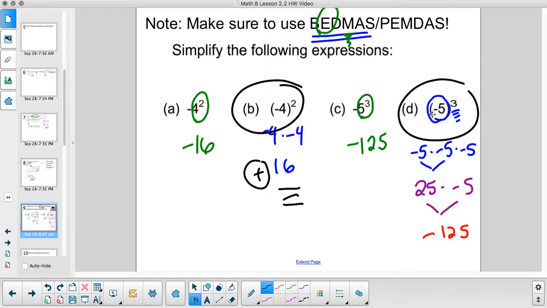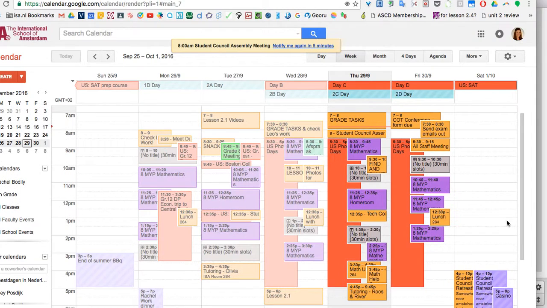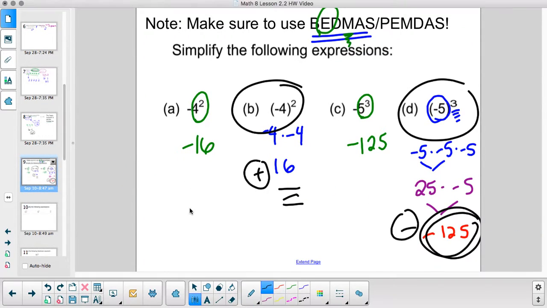And when you have a negative number raised to an odd exponent, it will come out as a negative answer. So that's a pattern that happens in math, and it's pretty interesting.